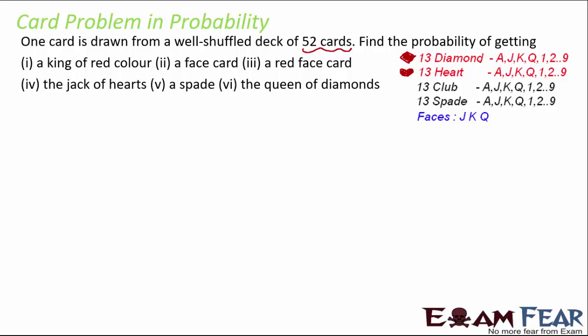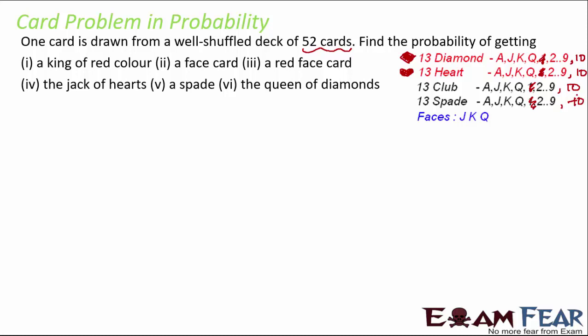In each category, you have A, which you call the 1, then you have the jack, the king, the queen, and then you have 2, 3, 4, 5, 6, 7, 8, 9, 10, right? So it's not 1 to 10, it's rather 2 to 10, because 1 is nothing but this A. So these are the cards that you have in each category.